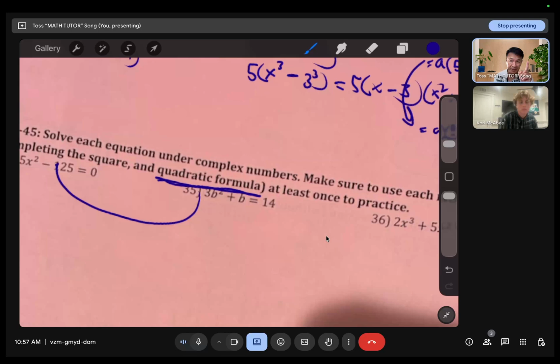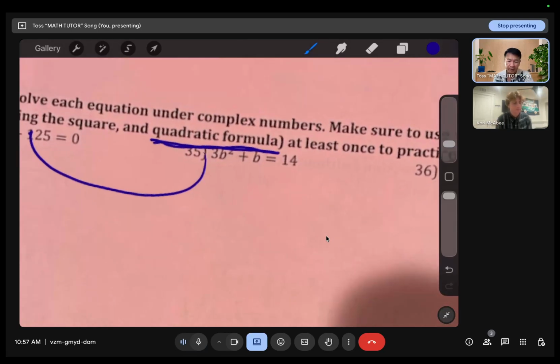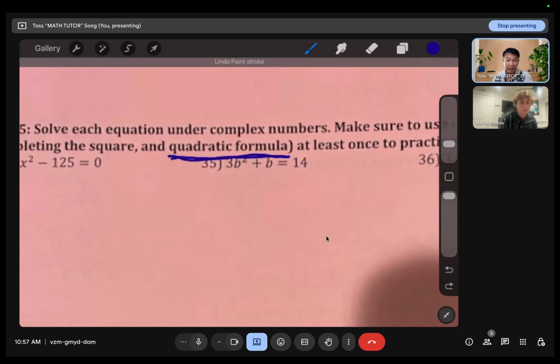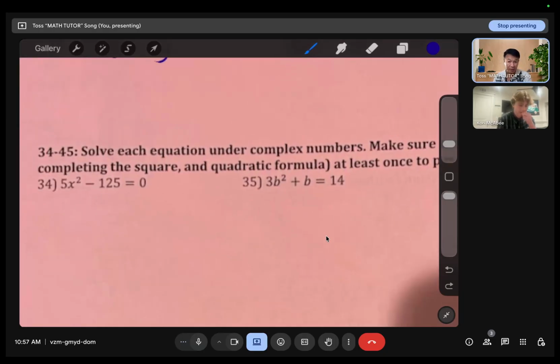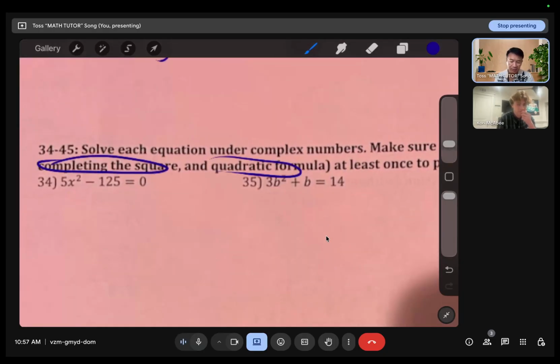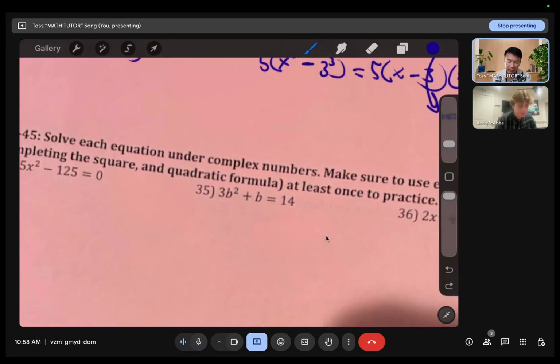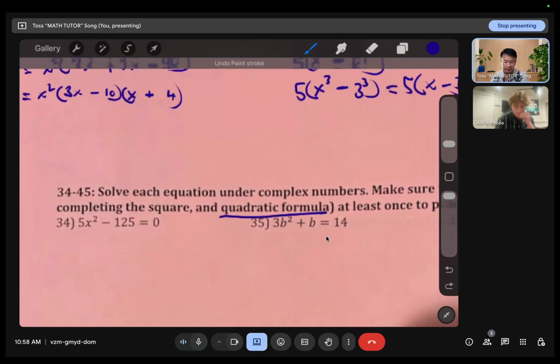But we're only going to do complete the square once. The quadratic formula, you have to do when you cannot do it by factoring. You have no other choice, or complete the square. But these two, you're flexible. You can do whatever, but we have to do all at least once. So then continue on. I'll always go quadratic if you cannot do it by factoring. So okay, let's do it right now.